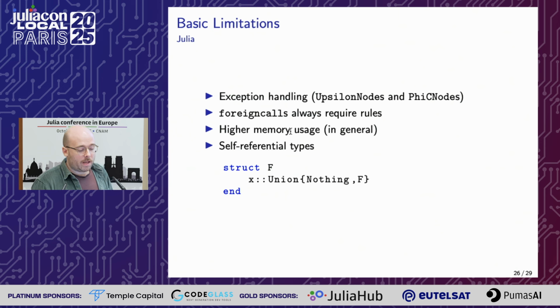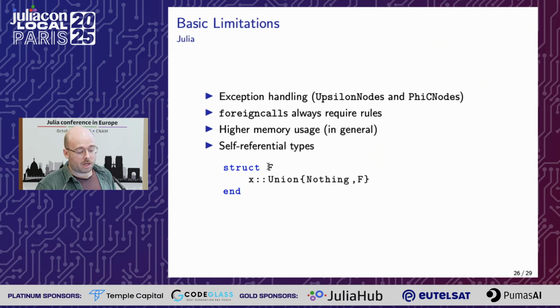I'm happy to talk about higher memory usage. This is associated with mutation. Enzyme has some optimizations that can partially deal with some of the issues this introduces. But I'd love to chat to anyone who's interested in this. And one slightly annoying thing that I've not figured out how to do, and I don't think we can do, is handle self-referential types in an automatic fashion.